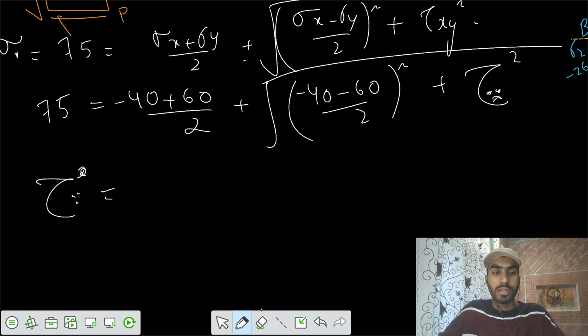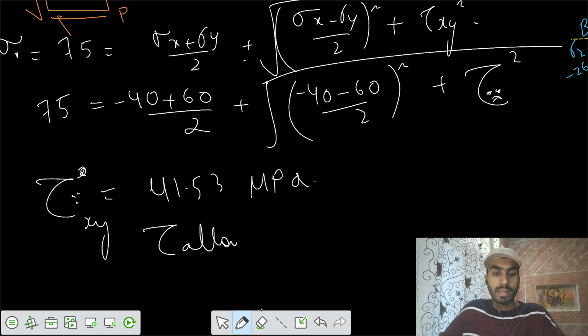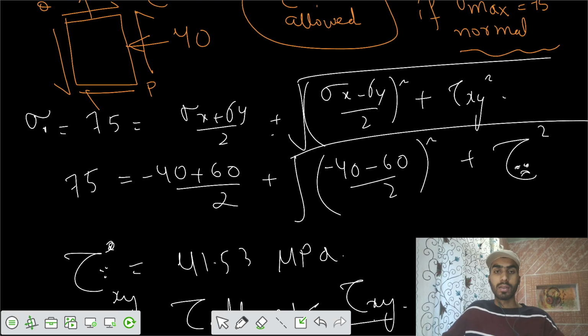We got a shear stress value, tau xy, that comes out to be 41.53 megapascal. So your shear stress allowed should be less than this tau xy, 41.53 megapascal.